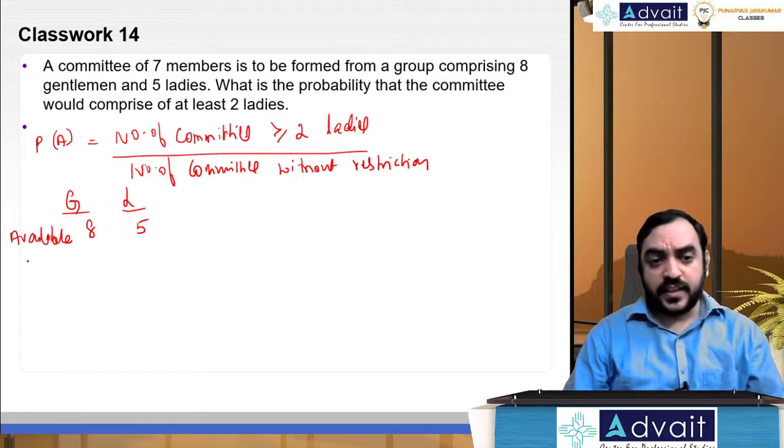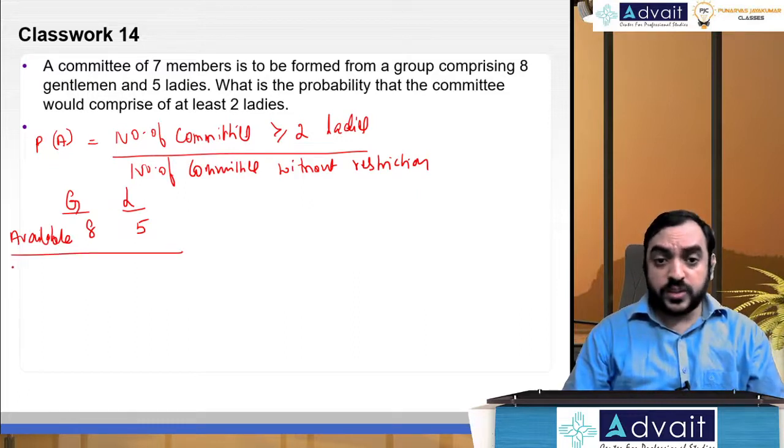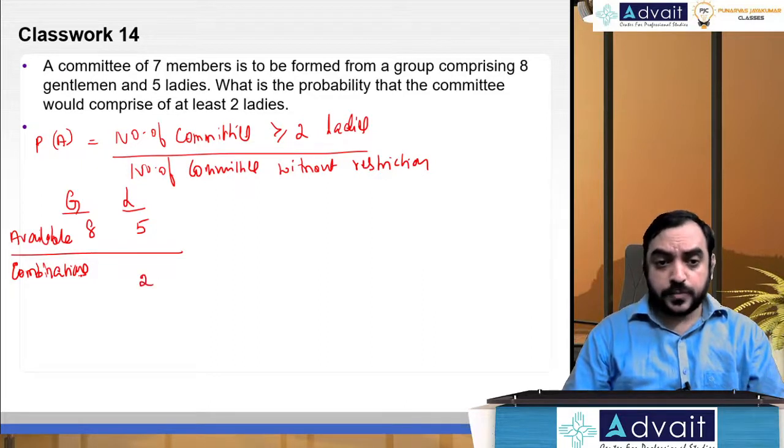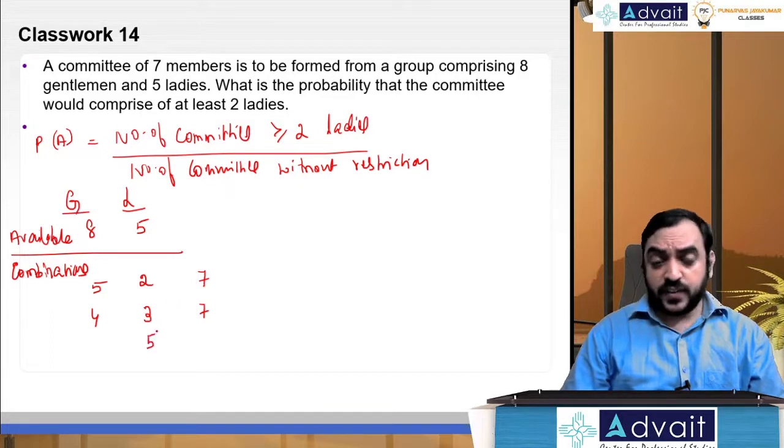Then what are the possibilities, the combinations? The total should be 7 and at least 2 ladies. So if I select 2 ladies, there have to be 5 gentlemen, so the total is 7. If I select 3 ladies, 4 gentlemen, so the total is 7.